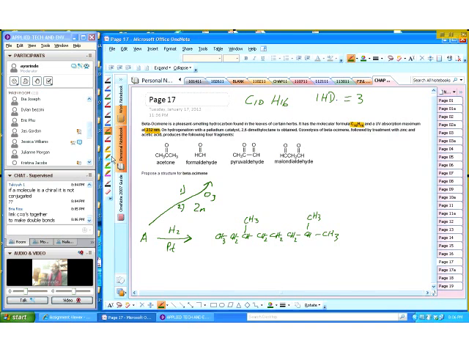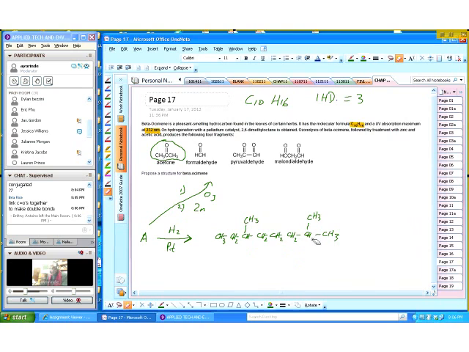Now, this is what I will do. I will start with one of these molecules, one at a time. If you take a look at the acetone, you have a CH3 and a carbonyl. How can I get that? I'm going to say that must be this part of the molecule. So what I do, I remove this here and place this here.